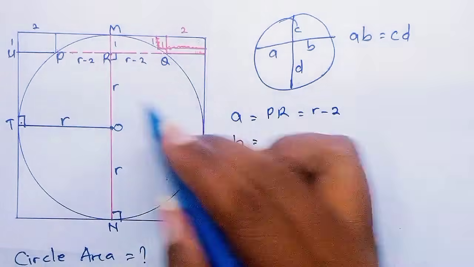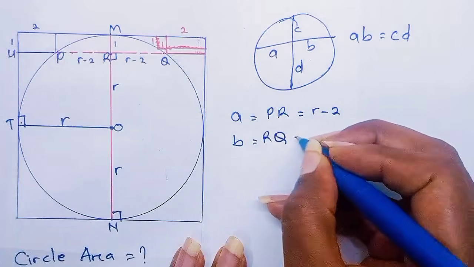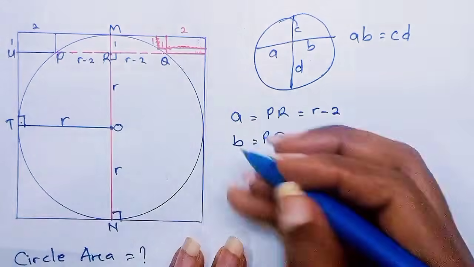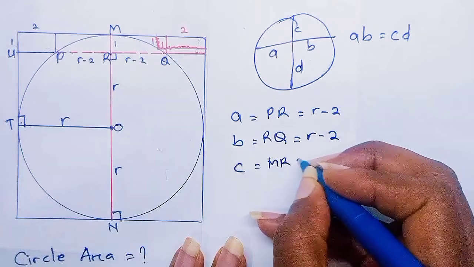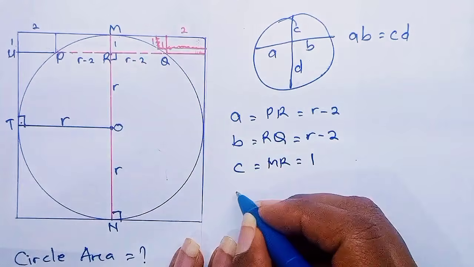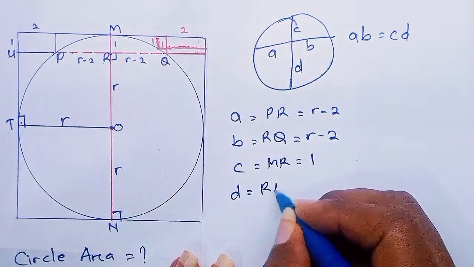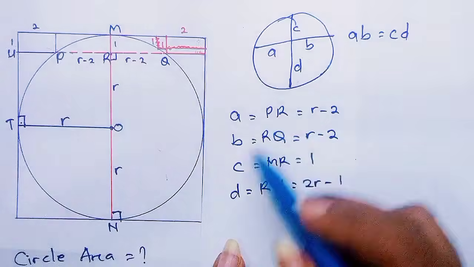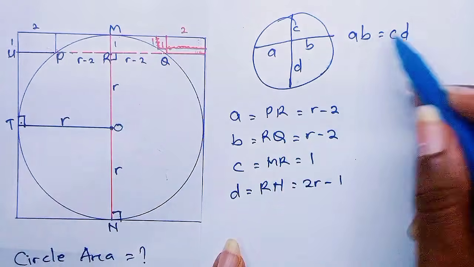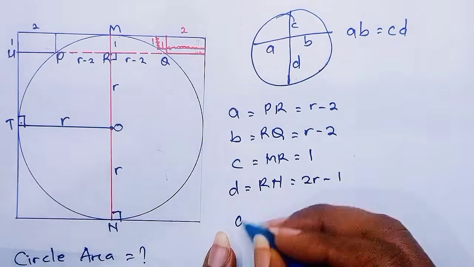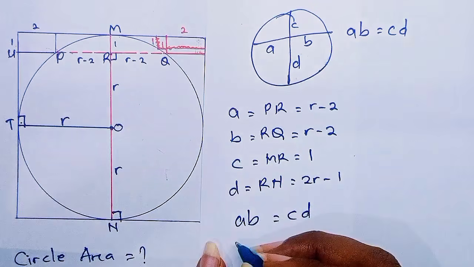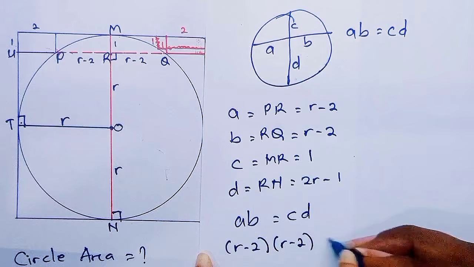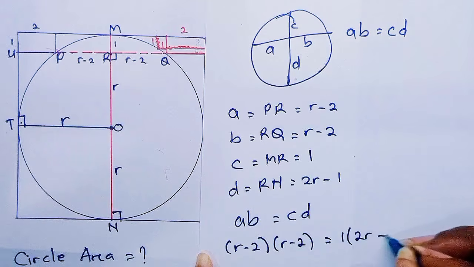Our B is RQ, which is R minus 2. Our C is MR, which is 1. And our D is RN, which we've got as 2R minus 1. So applying the formula AB equals CD, we shall have R minus 2 times R minus 2 being equal to 1 times 2R minus 1.